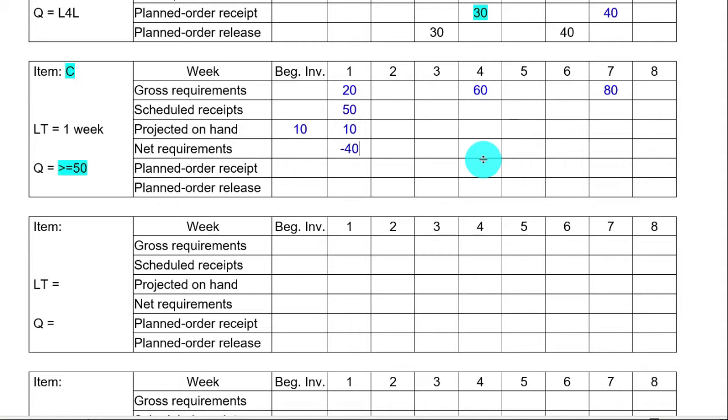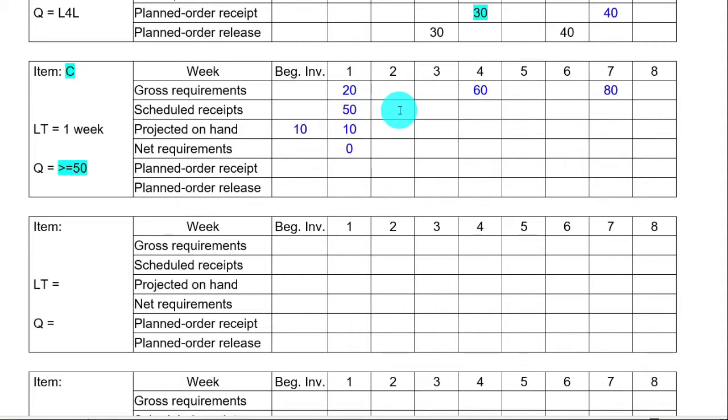Well, you can do that too, but I would rather do 0, because net requirements indicate how many you need, and it implies what the order size should be. So it's 0. You don't need to place an order.